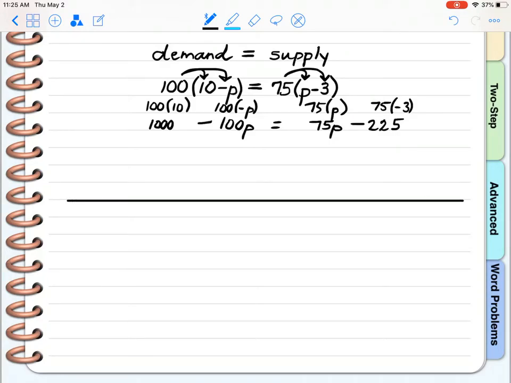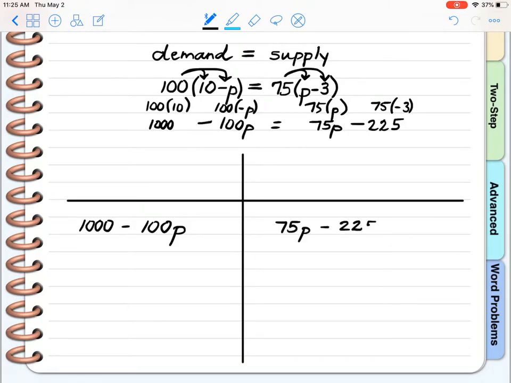Let's go ahead and set up a frame. So I'm left with 1,000 minus 100P equals 75P minus 225. So the 100P is negative, that's lower than the 75, so this is the boss letter.